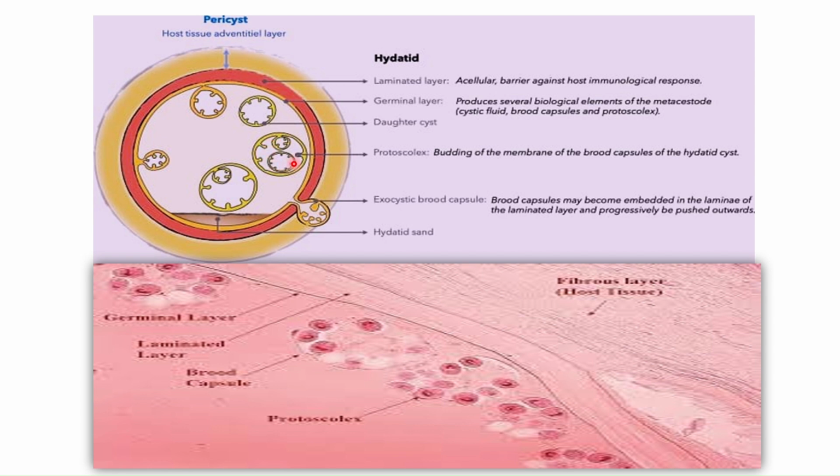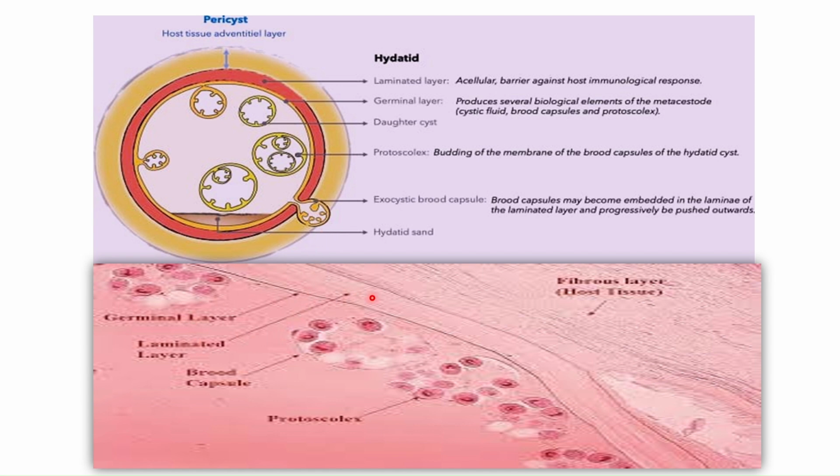Here we can see protoscolices, which are nothing but the budding of the germinal membrane of the brood capsule of the hydatid cyst. Here this is an exogenous brood capsule, and it becomes embedded in the laminae of the laminated layer and is progressively pushed outside.